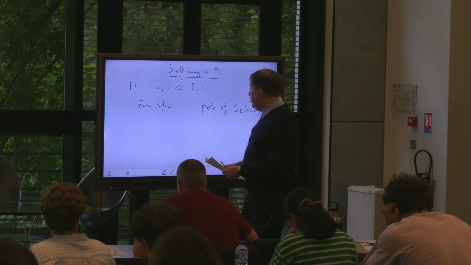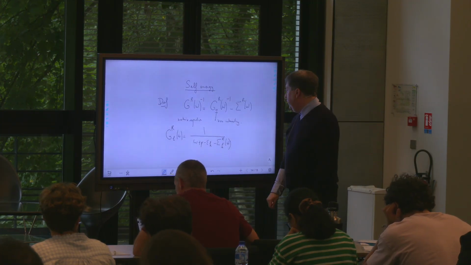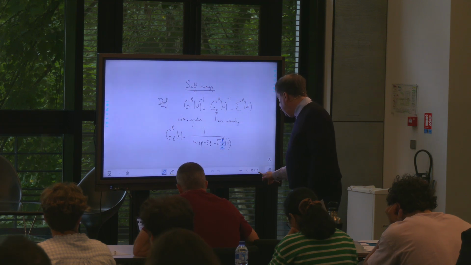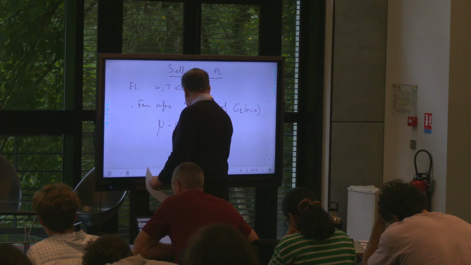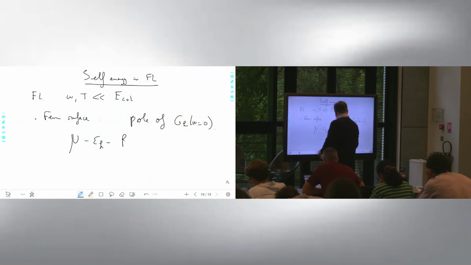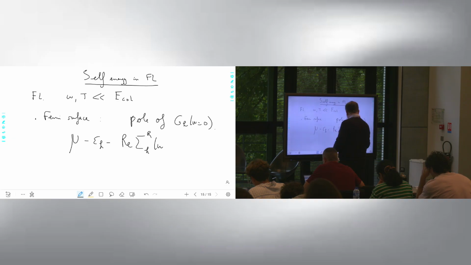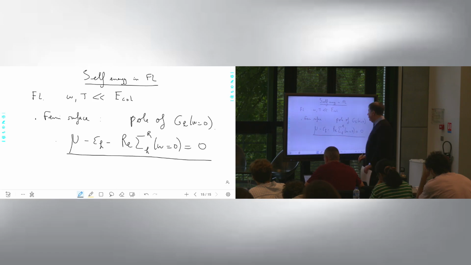So, the pole of the Green function: we look at the formula before, here. Where is the pole? Well, when mu minus epsilon_k minus the real part of Sigma_k at omega equals 0 is equal to 0. As we see, the self-energy in its real part at zero frequency encodes the renormalization of the dispersion here.